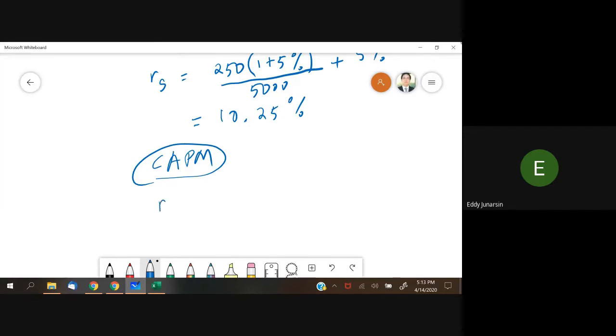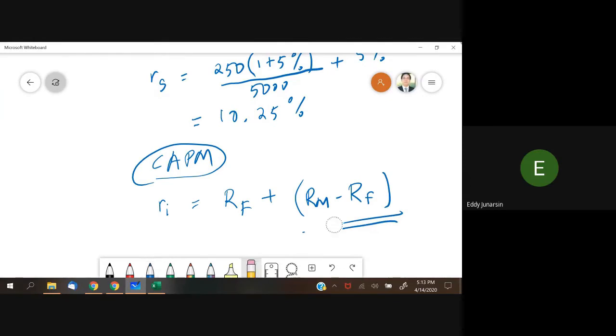The required return on a security is a function of the risk-free rate plus market return minus risk-free. This is called the risk premium, multiplied by the security's beta.